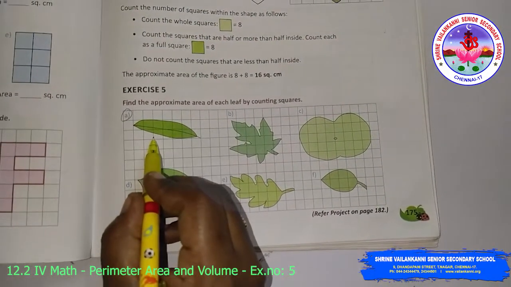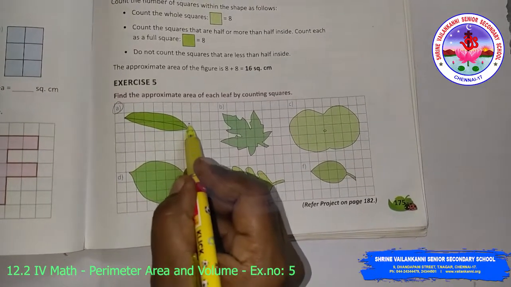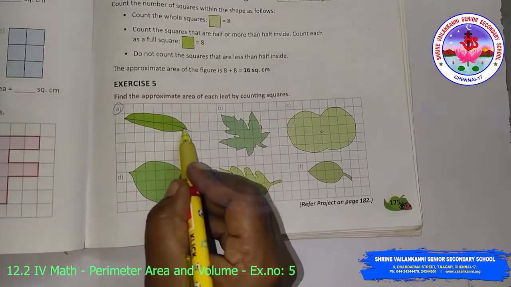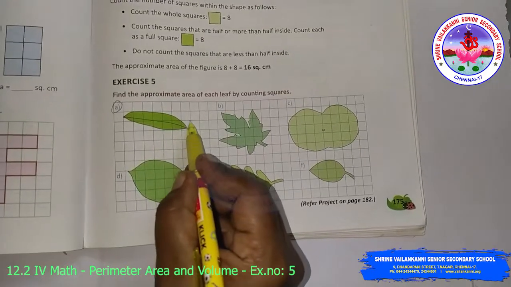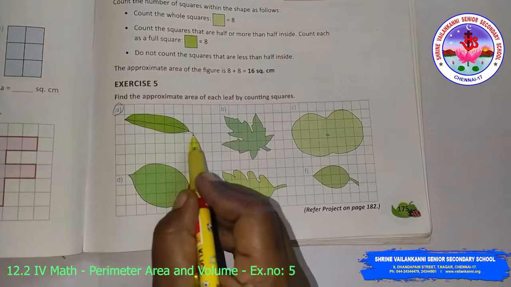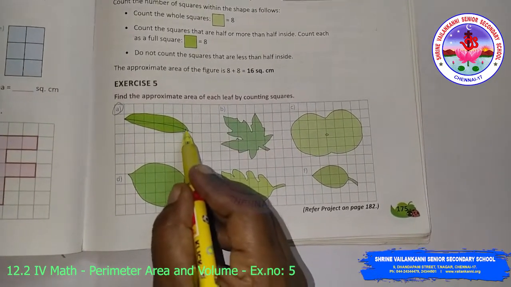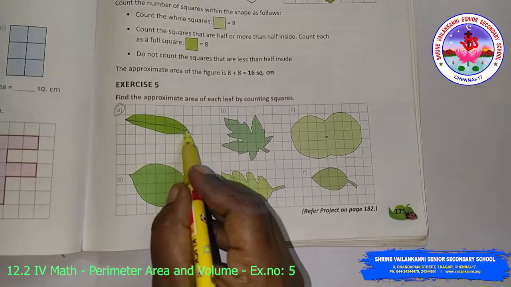If I take the first sum, I'm starting here. Compare the shaded part and unshaded part of this square box. See, mostly the unshaded part is there; the shaded part is very little. So I'm not going to count this.